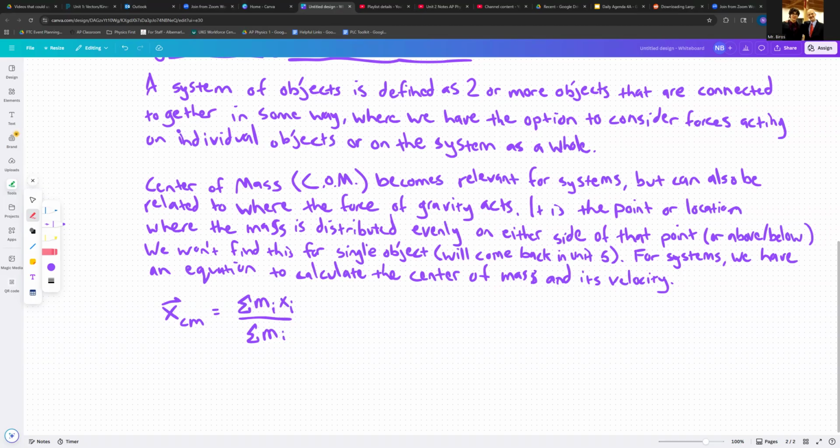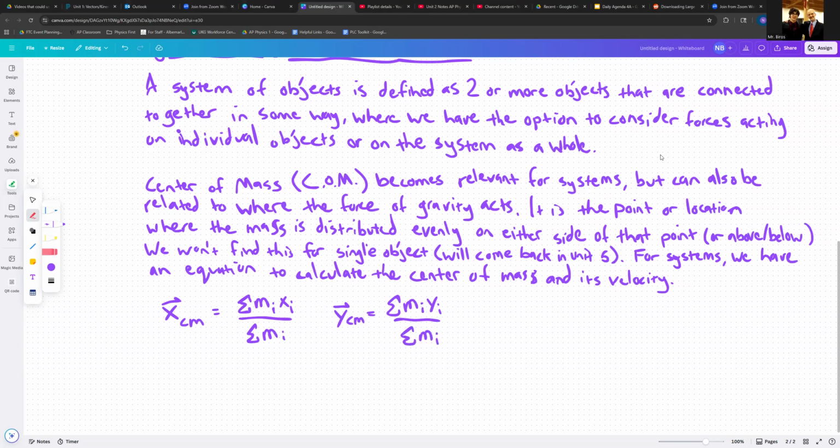We could also write it for the y direction. So just like the x, we could say our vertical center of mass is equal to the sum of each individual mass times its y location or position, divided by the sum of all the masses. All right, so what do all these symbols mean?